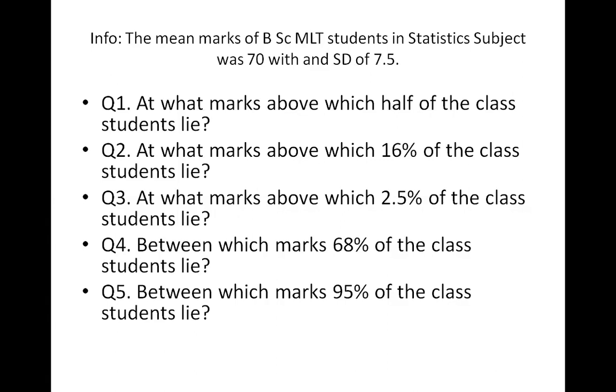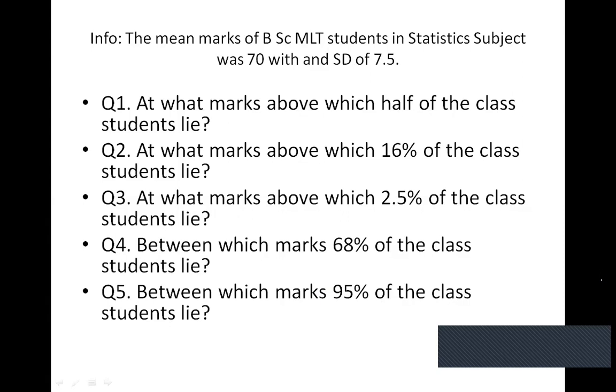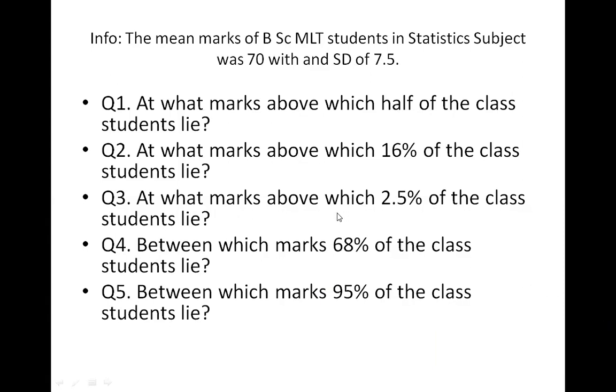So 77.5, and you can subtract 7.5 from 70 to get the lower limit. And the fifth question is, between which marks do 95% of the class students lie? So it will be 2 standard deviations as the boundary between which 95% of students will be present. Any doubt up till now?